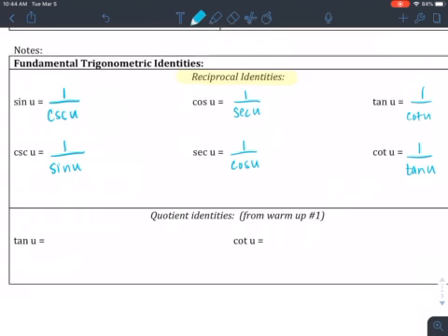So in your calculator right now, try this. If I wanted to figure out the secant of 3, there is no secant button in my calculator. We already know that secant is the reciprocal of cosine, so I can put it in as 1 over the cosine of 3, and these will give me the same values. Amazing. So in an equation, I can replace the secant of u with 1 over the cosine of u if I wanted to.